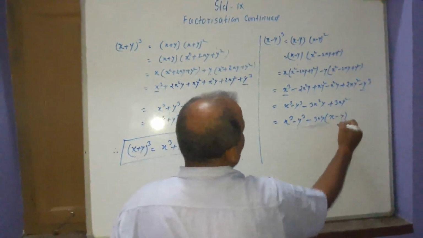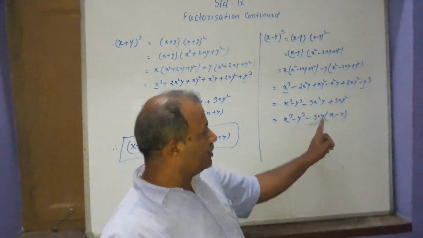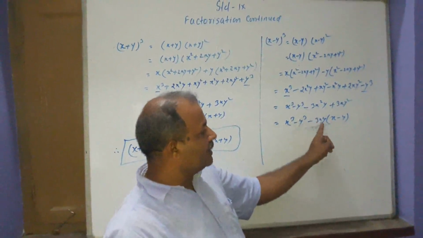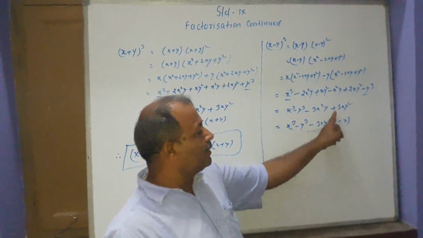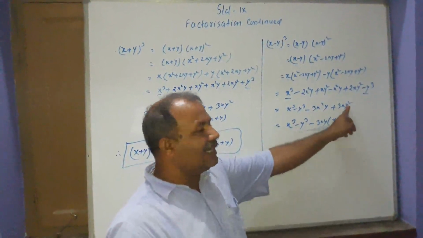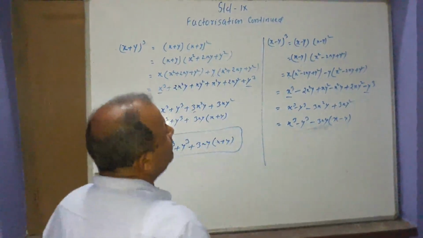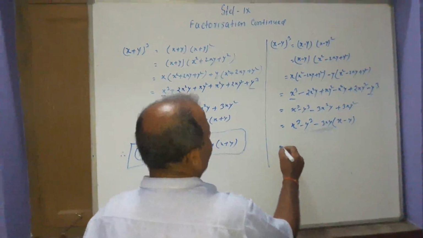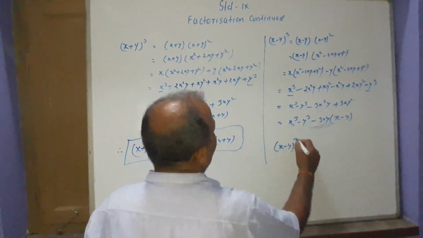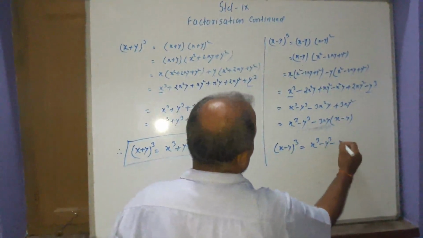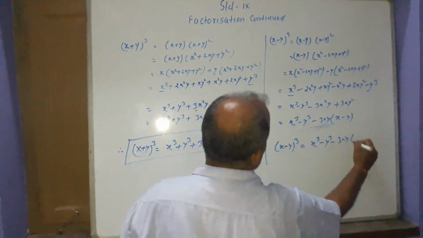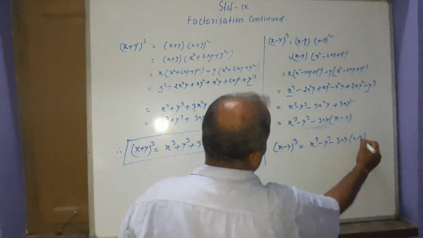Then we are left with x minus y. And in this way we get another identity: x minus y cube is equal to x cube minus y cube minus 3xy into x minus y.